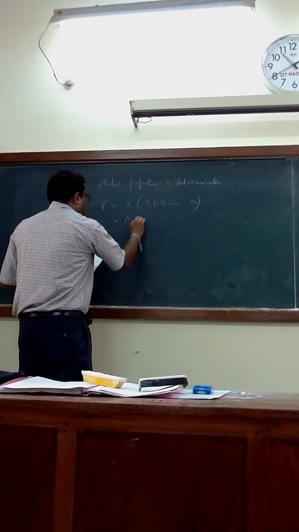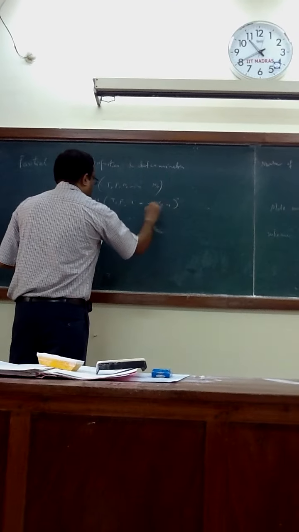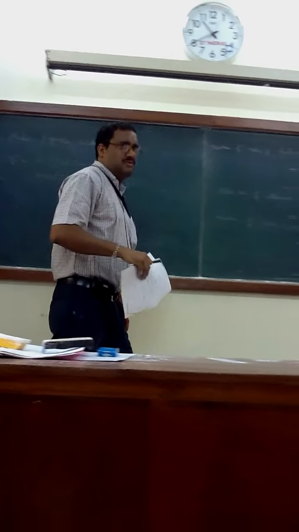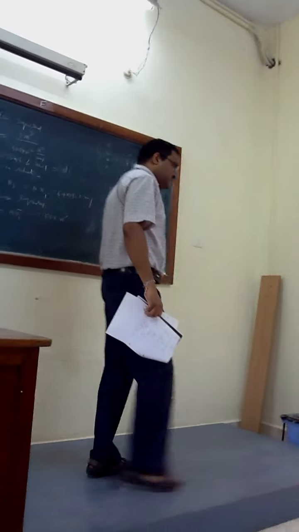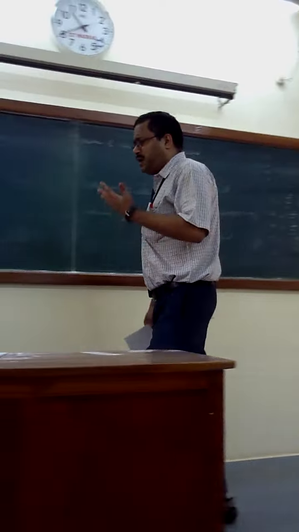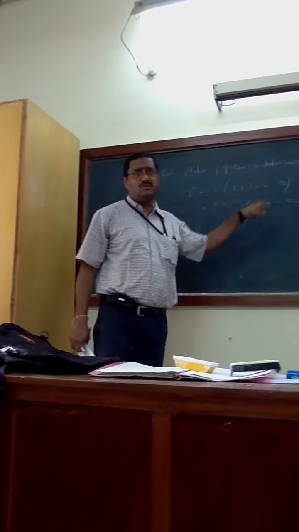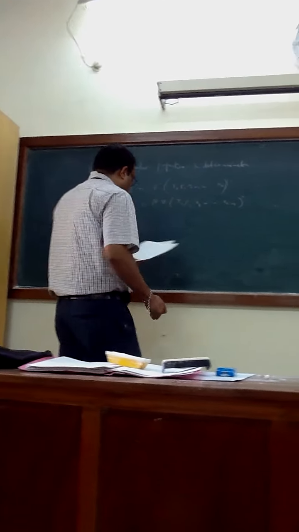We can write this as NV, a function of T, P, X1 to Xc minus 1. Because if it is a function of N1 to Nc, we can say X1 to Xc minus 1, because Xc can be obtained as 1 minus the summation, right? Because the sum is constant.